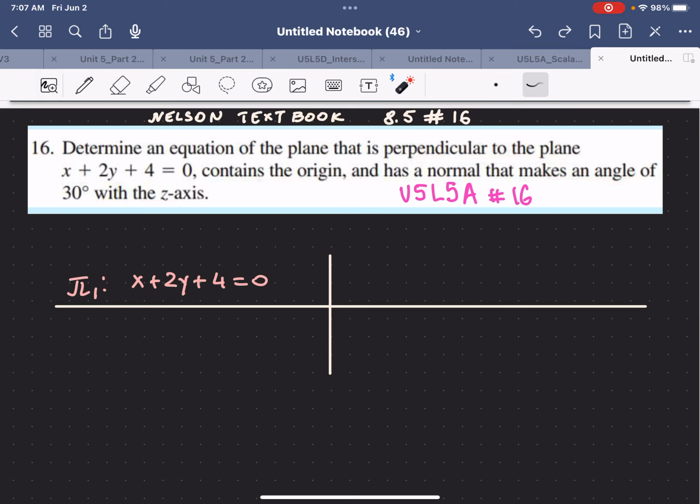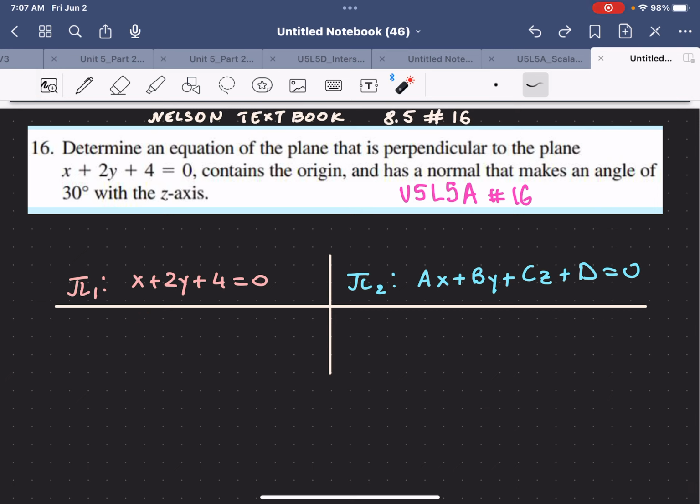Since we do not know the equation of the second plane, which is what we're trying to find, we're going to call it plane pi 2 with scalar equation ax + by + cz + d = 0. Once we have given a name to the two objects we are dealing with, we will write the characteristics of each plane right underneath it.